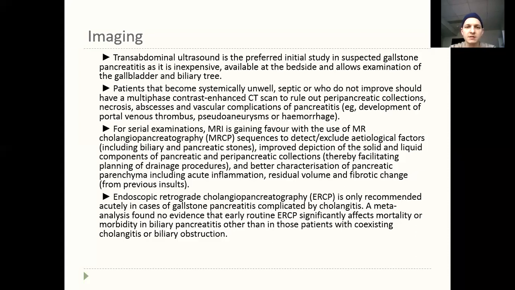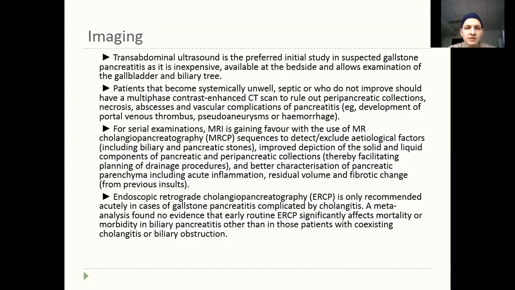Transabdominal ultrasound is a preferred initial study in suspected gallstone pancreatitis, as it is inexpensive, available, and bedside, and allows examination of the gallbladder and biliary tree.